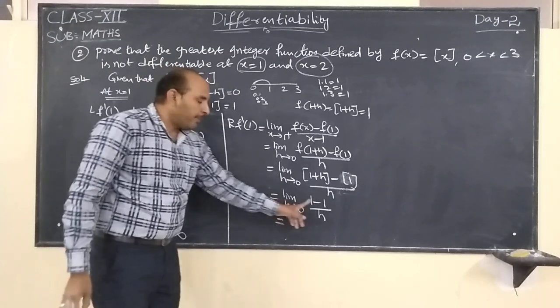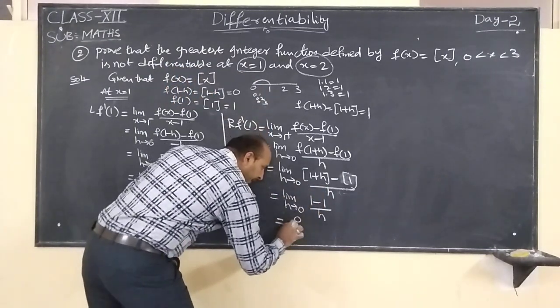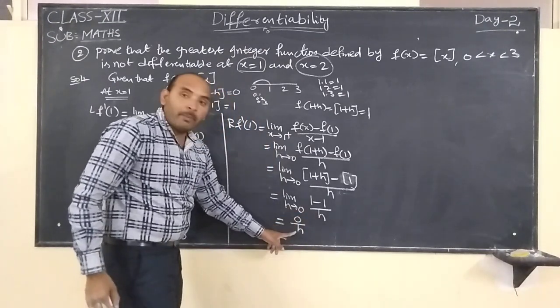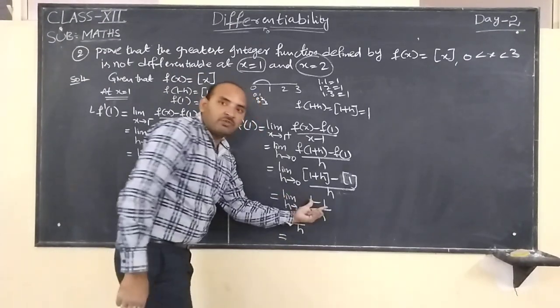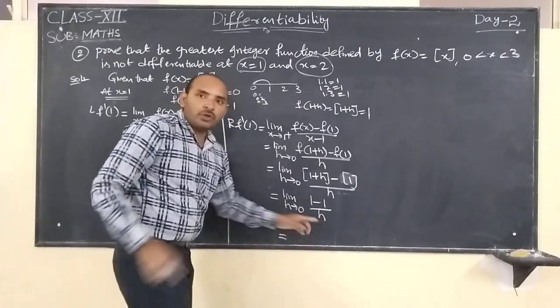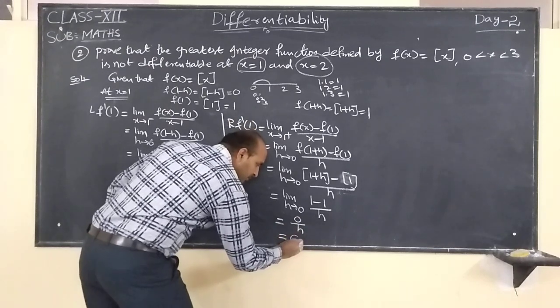So this is 1 − 1 value becomes 0 by something, 0 by h. So don't apply h tends to 0, this is a 0 by 0 indeterminate form. Already here 1 − 1 value 0, 0 by something value 0. So don't take h equal to 0, that is completely different, it is an indeterminate form. So 0 by h value becomes 0.